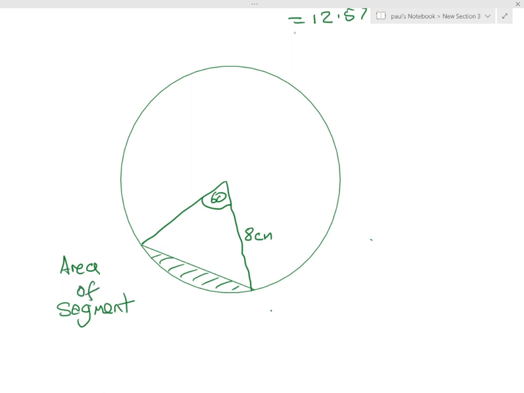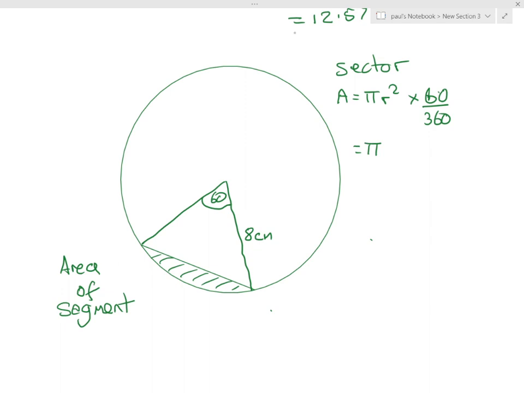So we need to find the area of the sector, as we did just now. Then we need to find out the area of the triangle and take one away from the other. So first of all, we do the sector, which is the area equals pi r squared times 60 over 360.